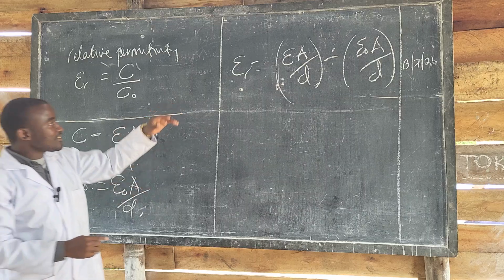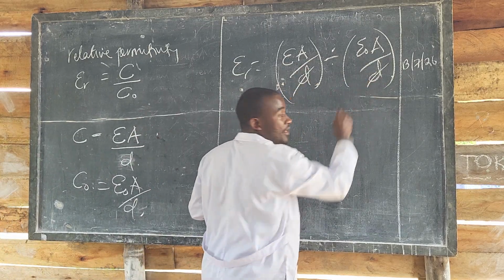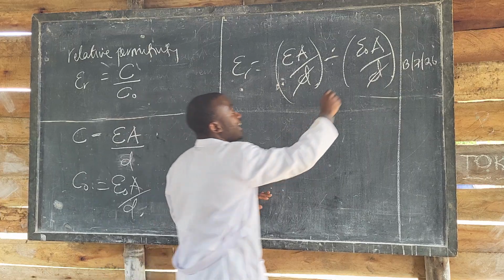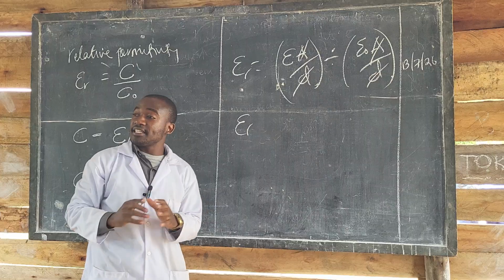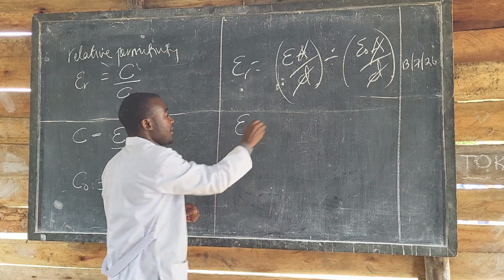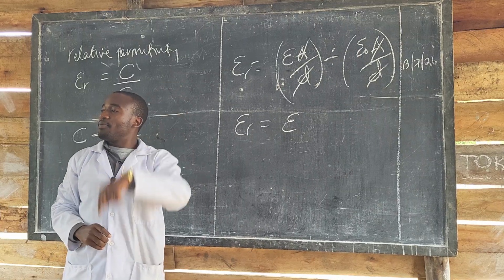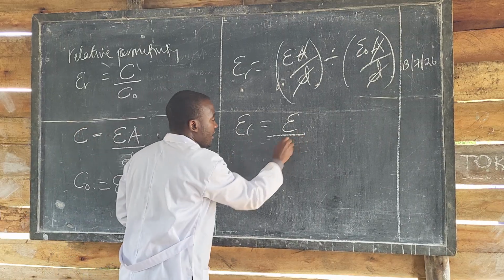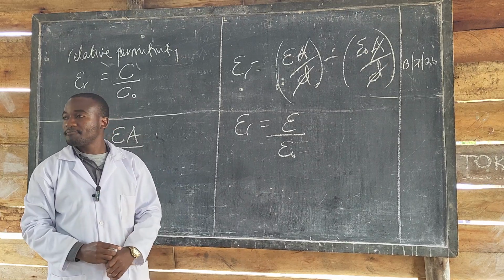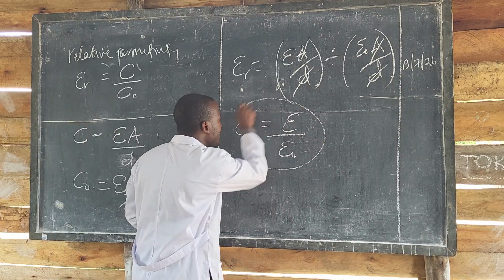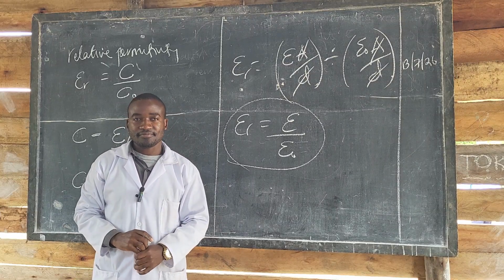So if we substitute these two here, mathematically, the separation will cancel with that, then the area will cancel with that, such that you remain with the relative permittivity epsilon r equals epsilon, which is the permittivity of the medium placed between the plates, over the permittivity of air, or the permittivity of free space. So this is also another definition of relative permittivity.